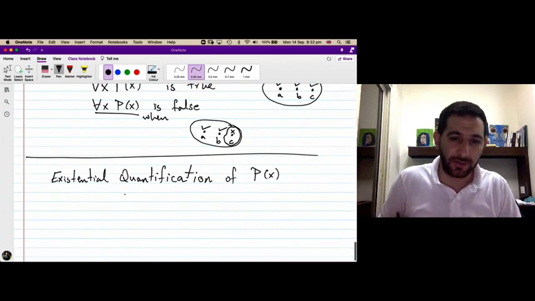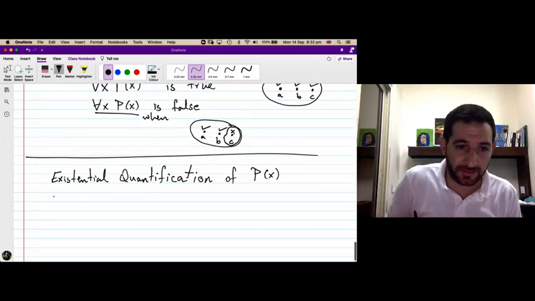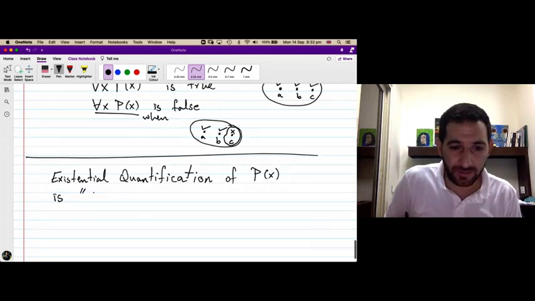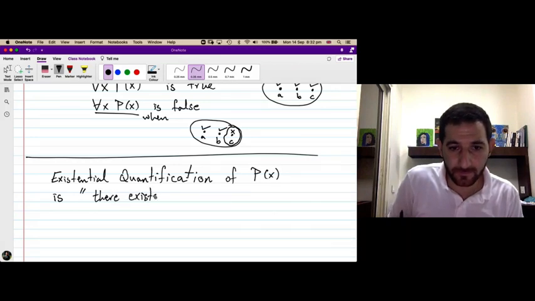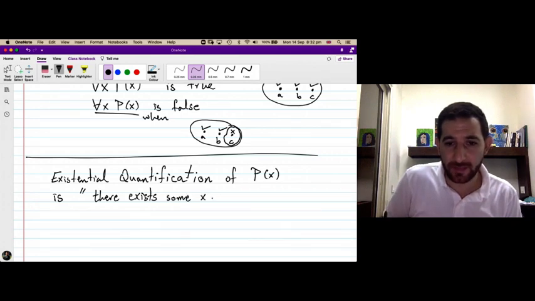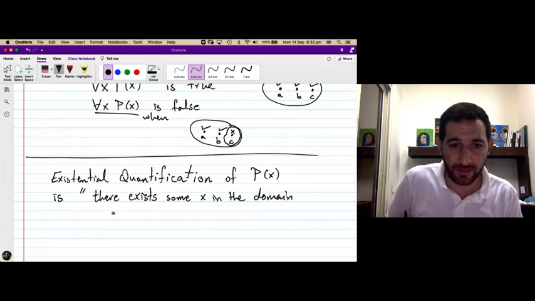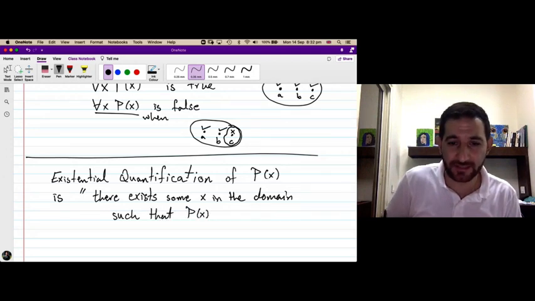Okay, what is this? It is the statement which says there exists some x, some element in the domain, such that P of x is true, which means such that x has property P.